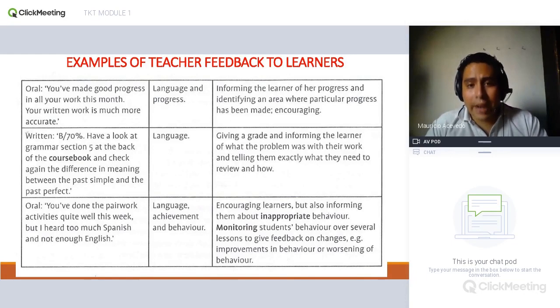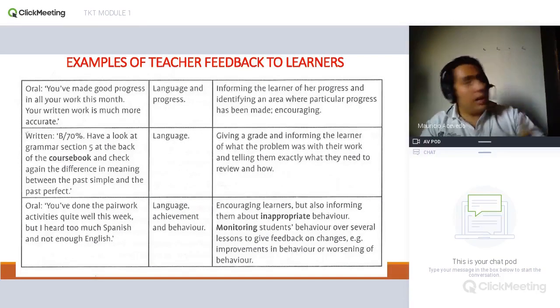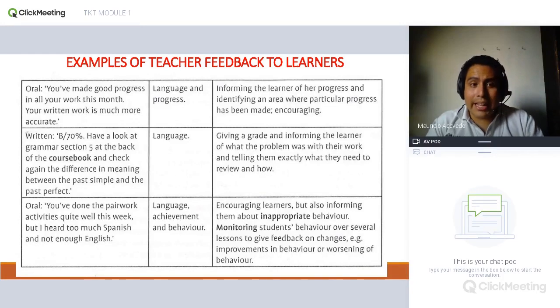What is the purpose? Giving a grade. In this case, you are giving a B, which means 70%, and informing the learner of what the problem was with their work and telling them exactly what they need to review and how. So you're telling him or her that they are having problems and they can look at the book. Nothing happens. We all make mistakes, but they can improve that.